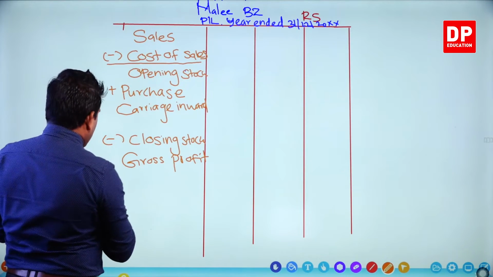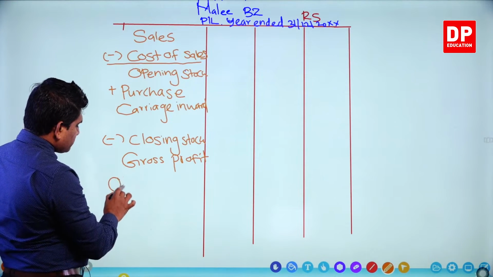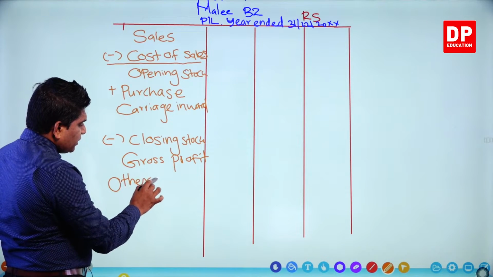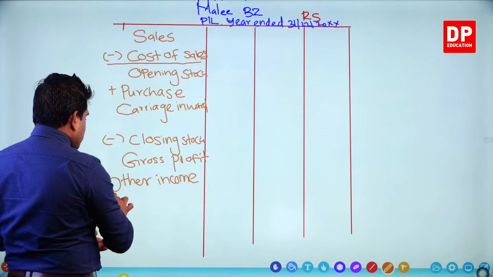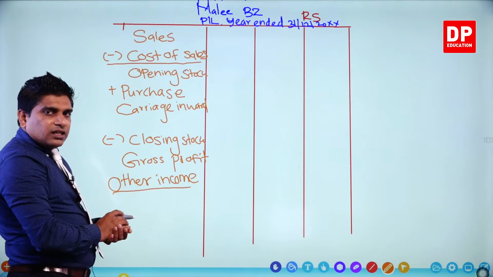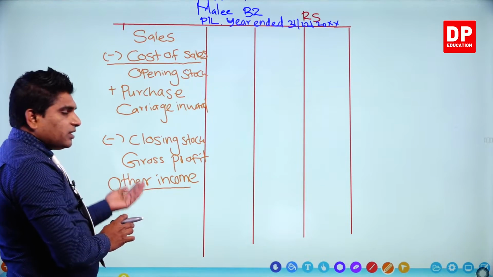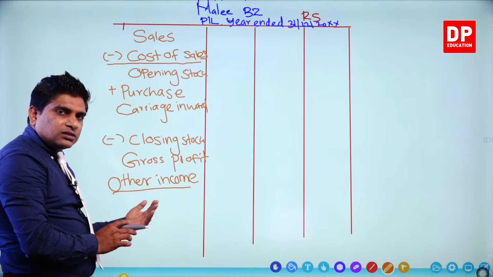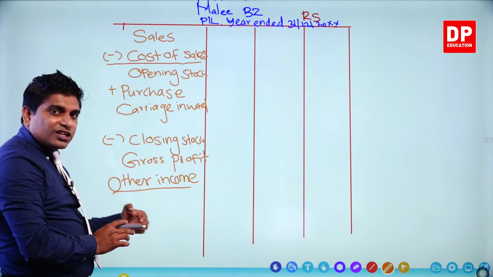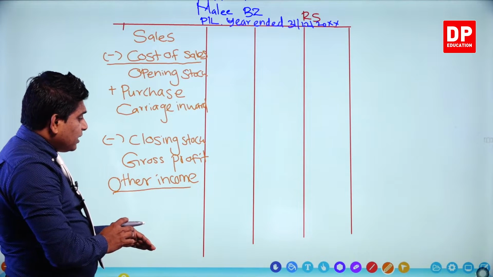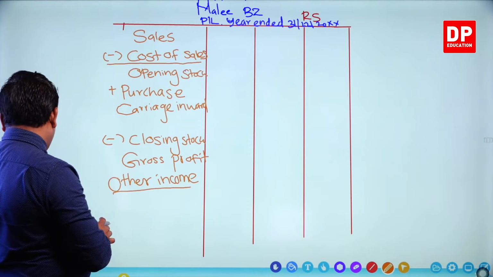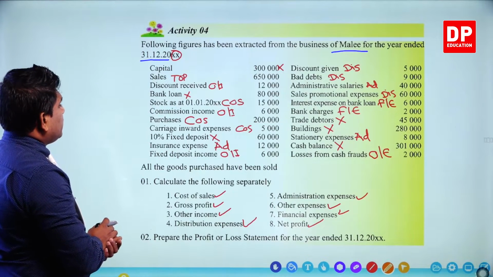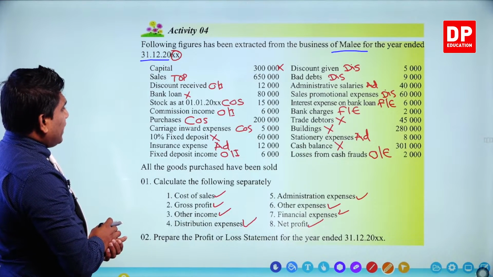Then what you write? Other income. You underline here because it's like a heading. Under the other income, we can write interest income, house rent income, commission income, all other income. Here, you can check how many other incomes are given, right? Then you classify it.